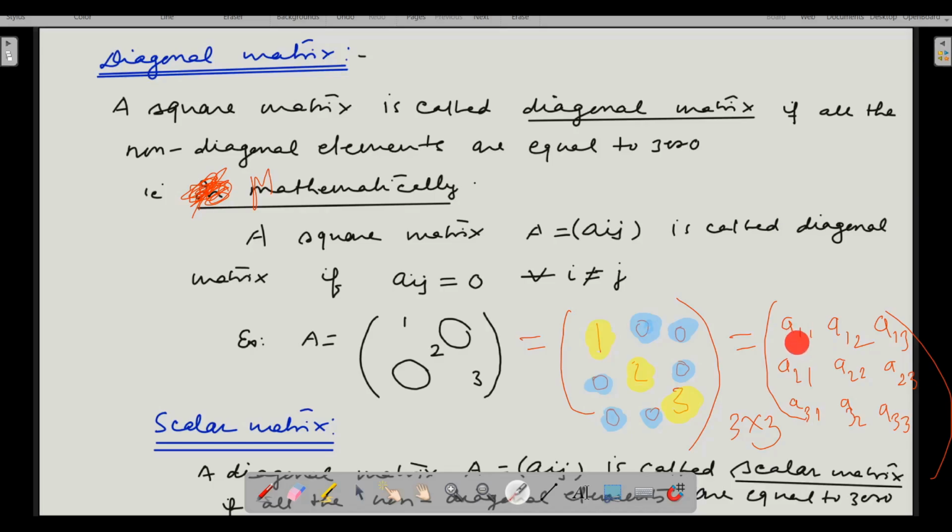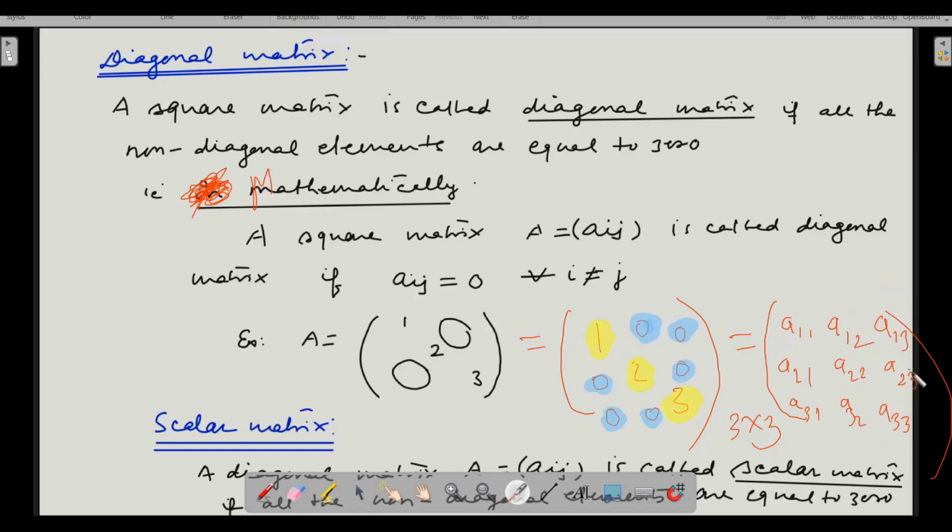The first subscript denotes the row number and the next subscript denotes the column number. So this is the element of first row and first column, A11. The element of first row but second column, A12.